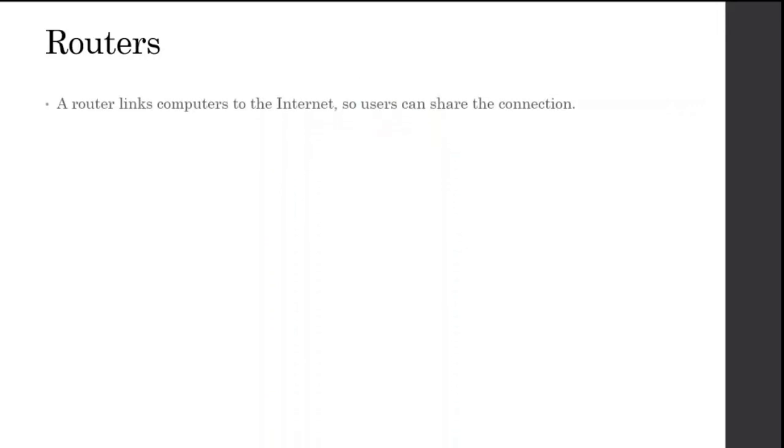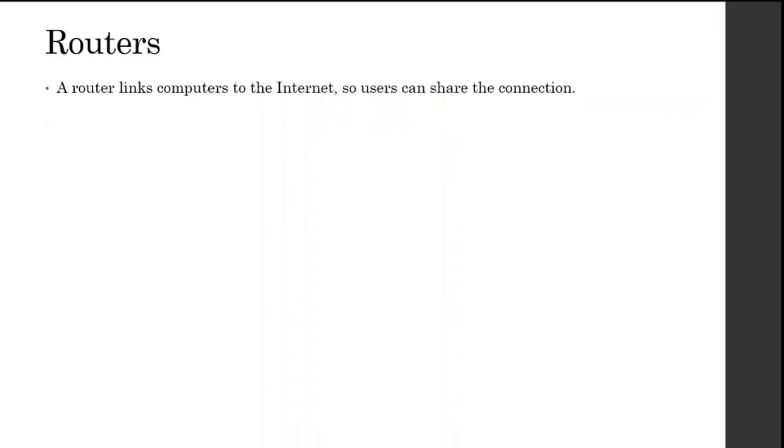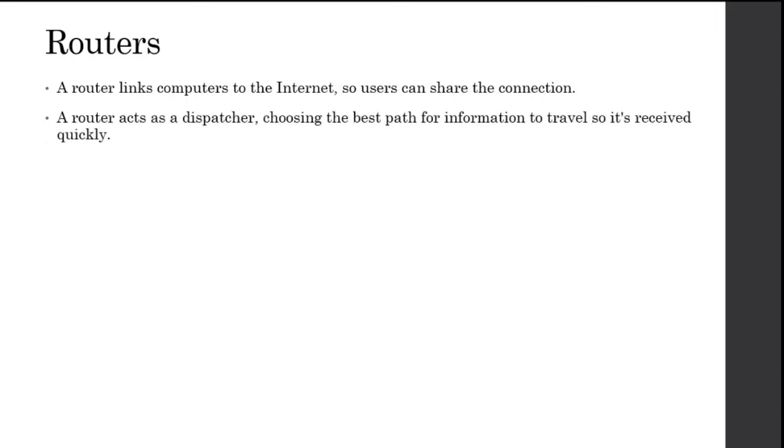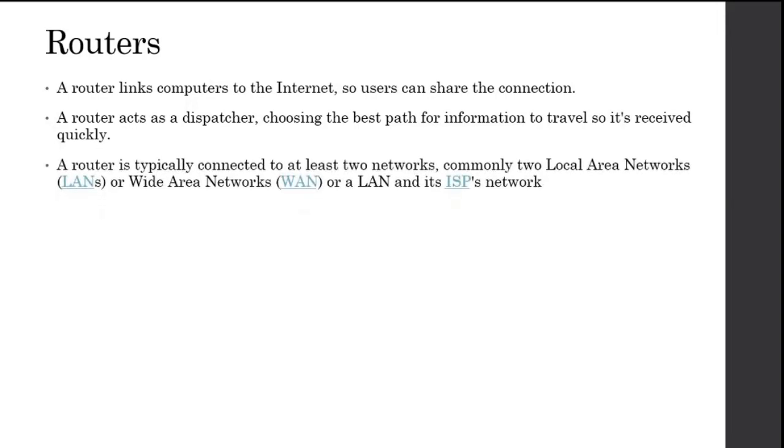A router is also a device that links computers with the internet, so users can share the connection. It acts as a dispatcher, choosing the best path for information to travel so it's received quickly. A router is typically connected to two networks, like a LAN or WAN, and to the internet service provider.